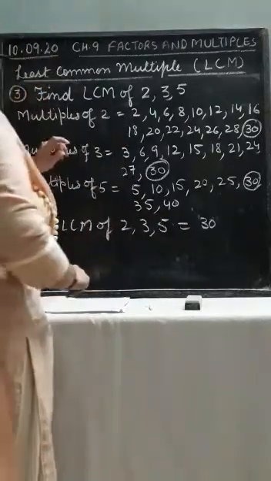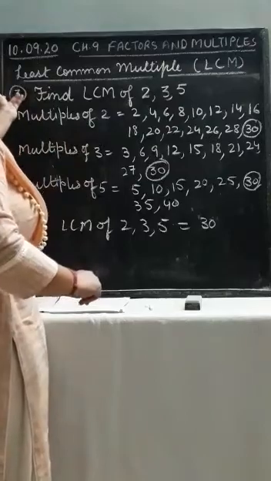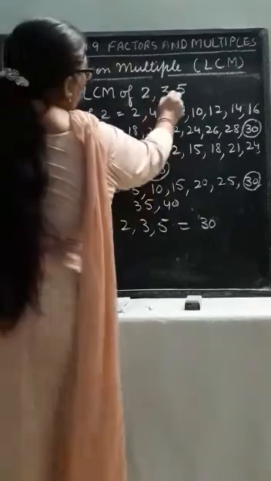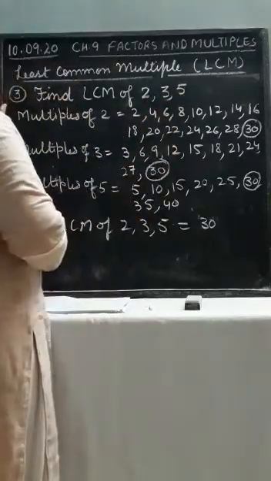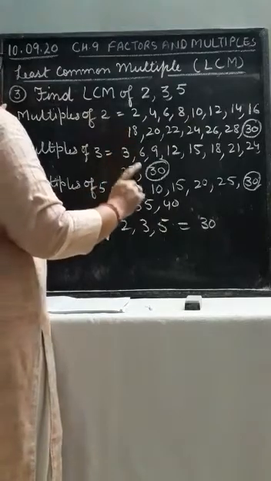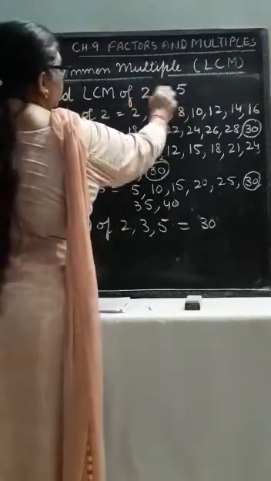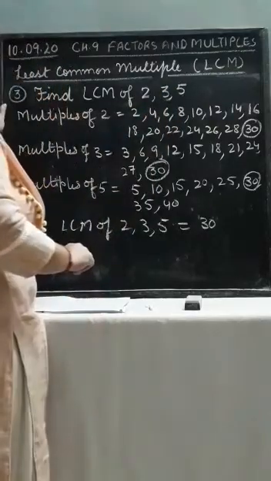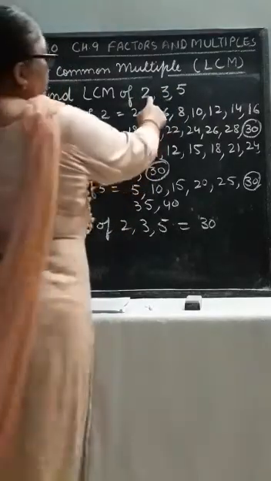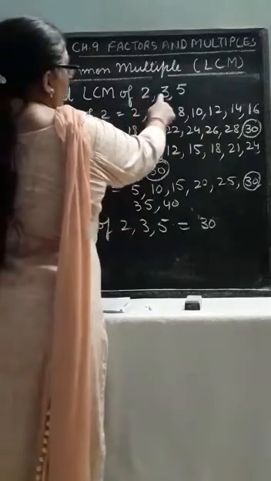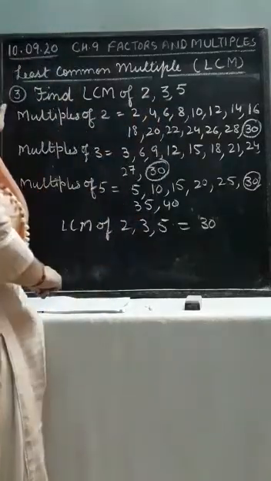What is difference between this sum and the earlier sums? Here all the 3 numbers are prime numbers, and keep in mind when you find out LCM of prime numbers, means the numbers which have no common factor, the LCM will be product of all the 3 numbers.